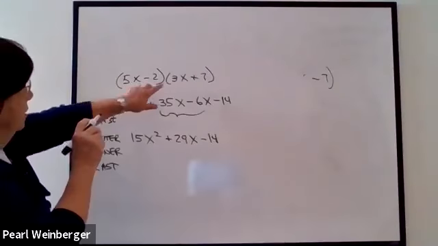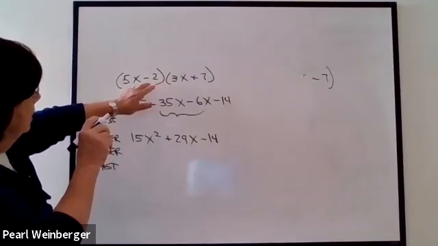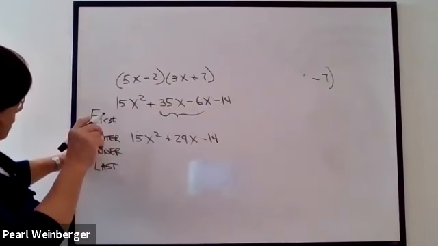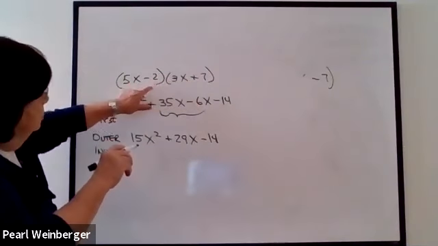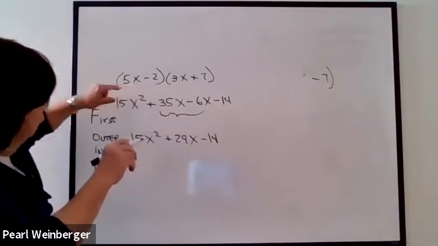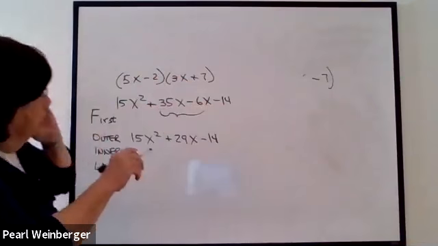Okay. The inner ones are the negative 2 and the positive 3x, so that gives us the negative 6x. That's our inner. And last are the two last terms in each parentheses, the negative 2 and the positive 7, which gave us the negative 14.